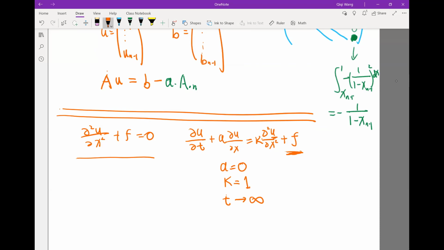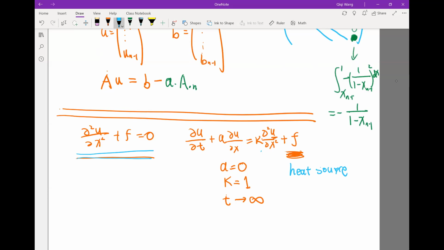This equation is solving for the case when you have a distributed heat source, so you can interpret f as a distributed heat source, and kappa is the heat diffusion coefficient. It is essentially asking: if you have a distributed heat source and let the solid metal piece reach equilibrium as t goes to infinity, what is the temperature distribution on the solid piece? That's what the solution to this equation means.